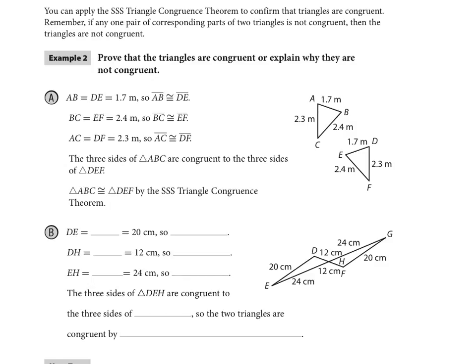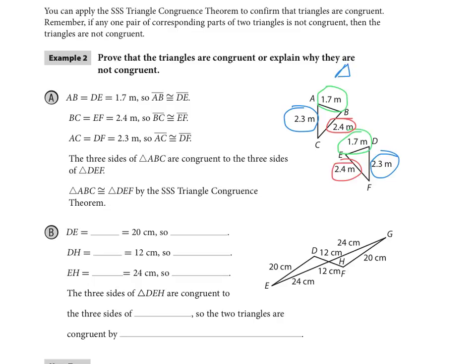So I have one side here, AB and ED, right? And then they're congruent, and I have BC to EF, and I have AC and DF. And so now we need to write these, and we need to write them, by the way, in the right order.